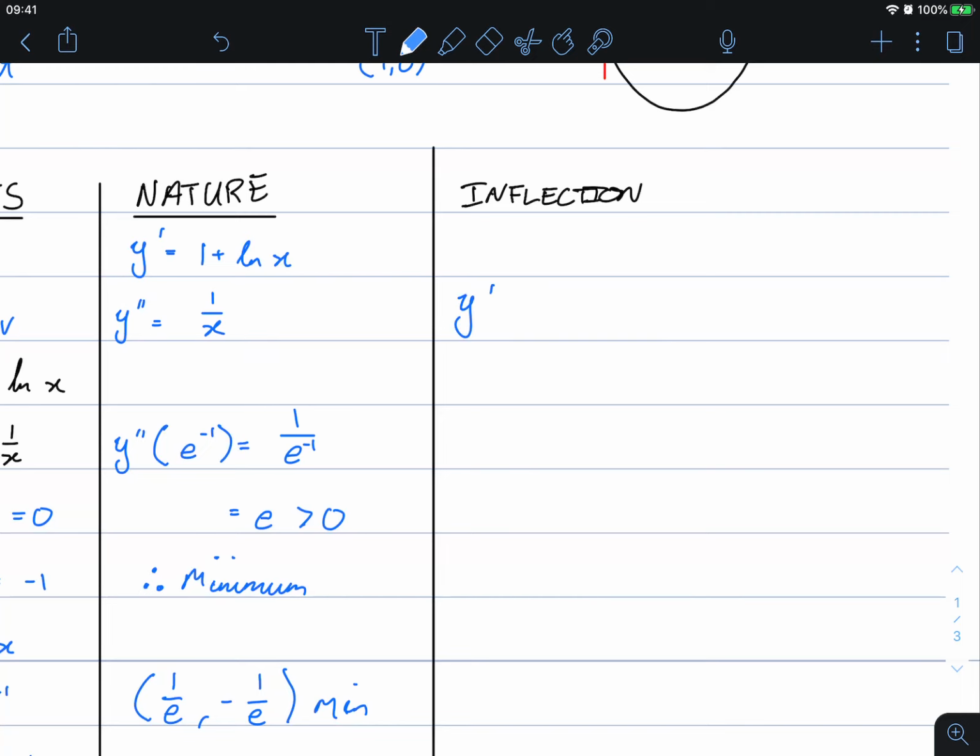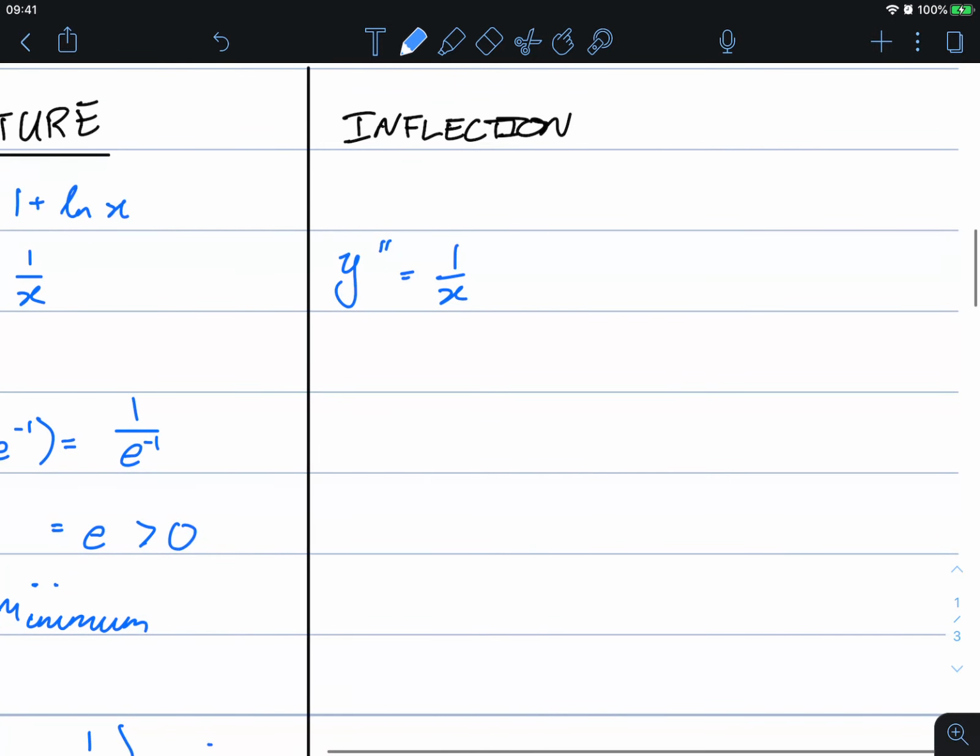So y double prime is equal to 1 on x. We know this can't equal 0. Sorry, we know that x can't equal 0. So there can't be a point of inflection, because 1 on x will always be greater than 0.